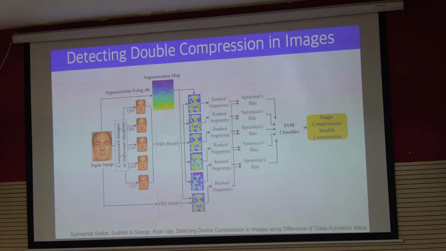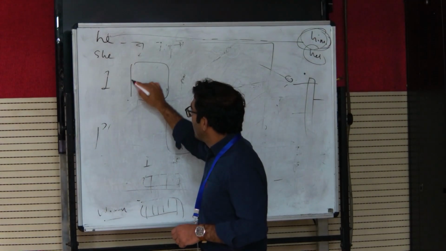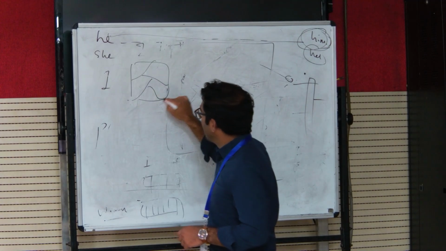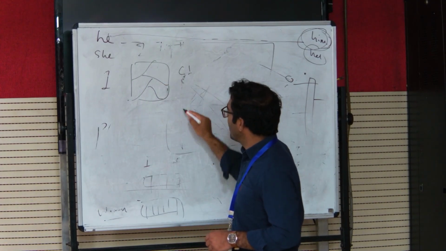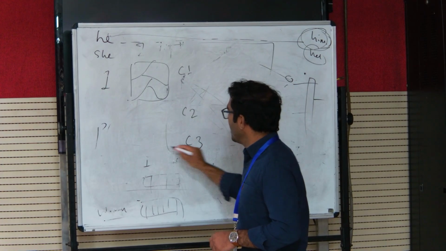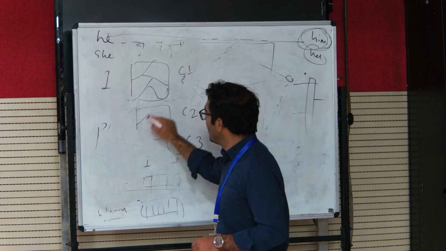So just to take a simple example, if I have the image here, and let's say 4 regions, and then for compression C1, C2, C3, for each of them the same regions.